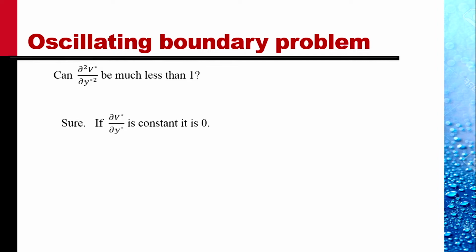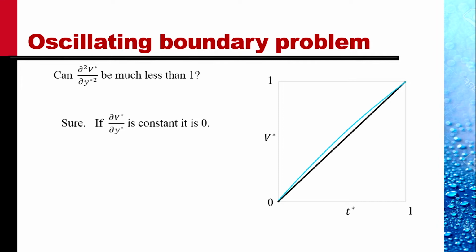The other possibility. Sure, if del V star by del Y star is constant, the second derivative is 0. That is, if the variation of V star by T star is linear, clearly del V star by del Y star is constant, and del square V star by del Y star square is 0.